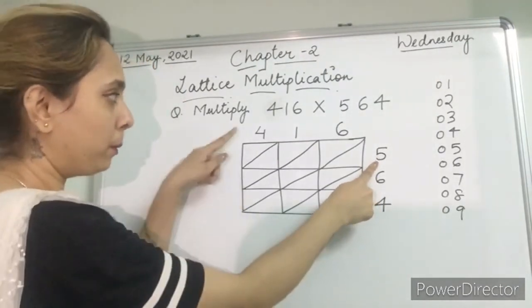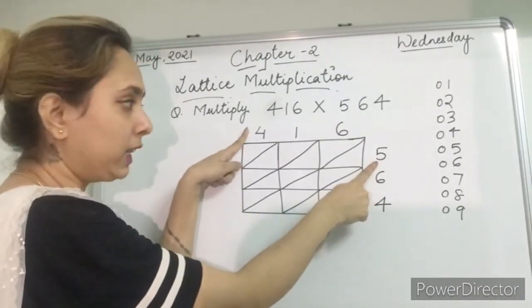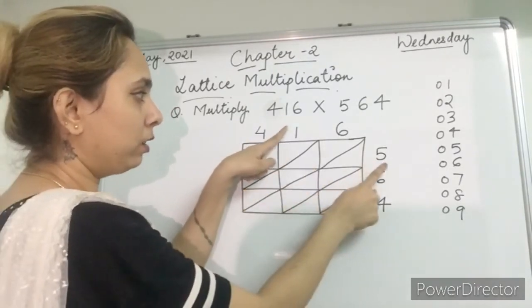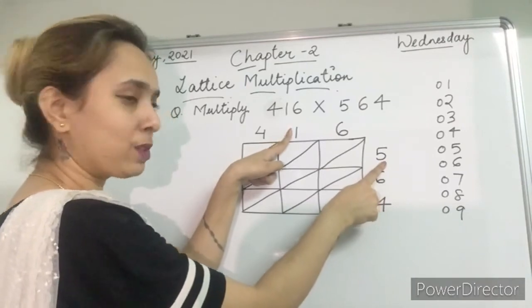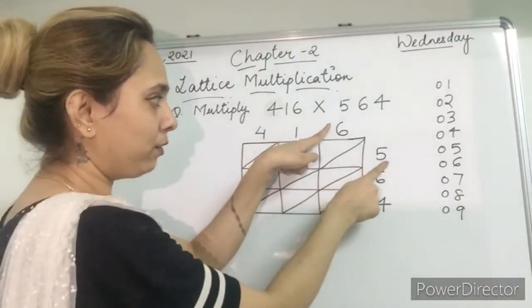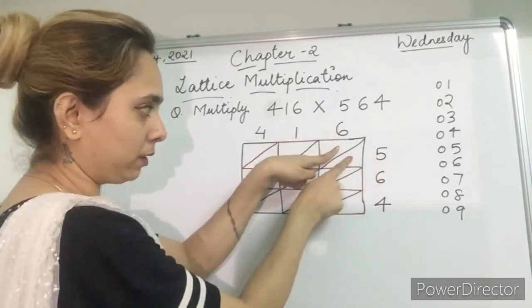This 5 will be multiplied by 4 and the product we write in this box. Then this 5 is multiplied by this 1 and the product is written here. This 5 and this 6, product here.